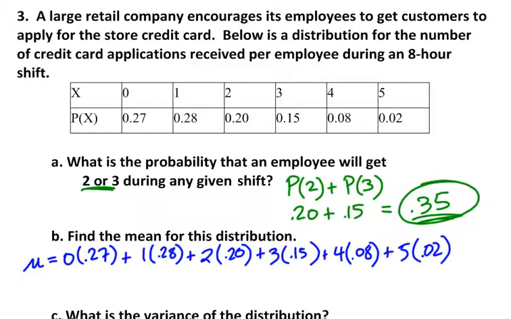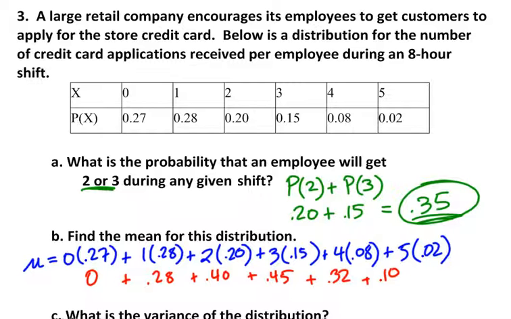So we would take all of these numbers and multiply them out first, of course, and then add them up individually. So we multiply 0 times 0.27, that's 0. 1 times 0.28 is 0.28. 2 times 0.20 would be 0.40. 3 times 0.15 would be 0.45. 4 times 0.08 would be 0.32. And then 5 times 0.02 would be 0.10.